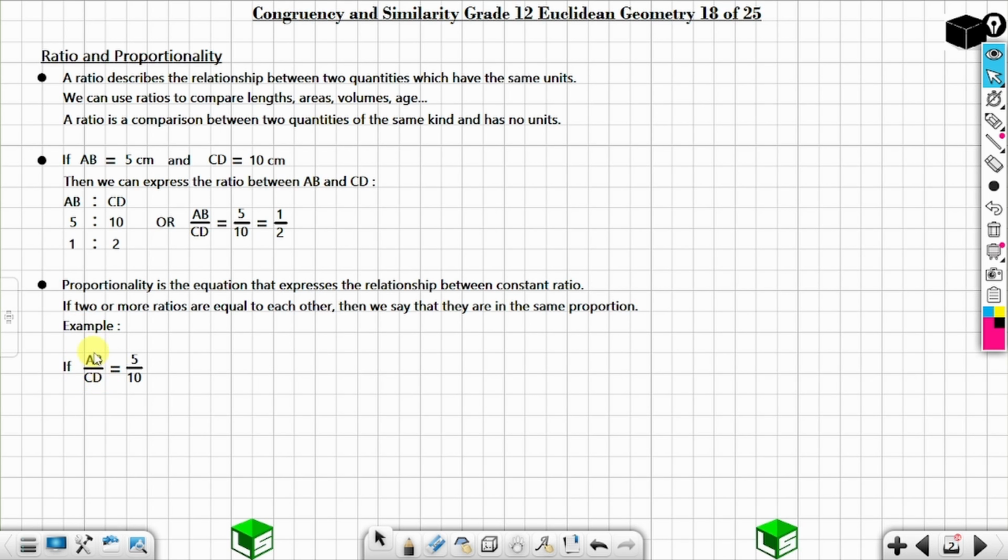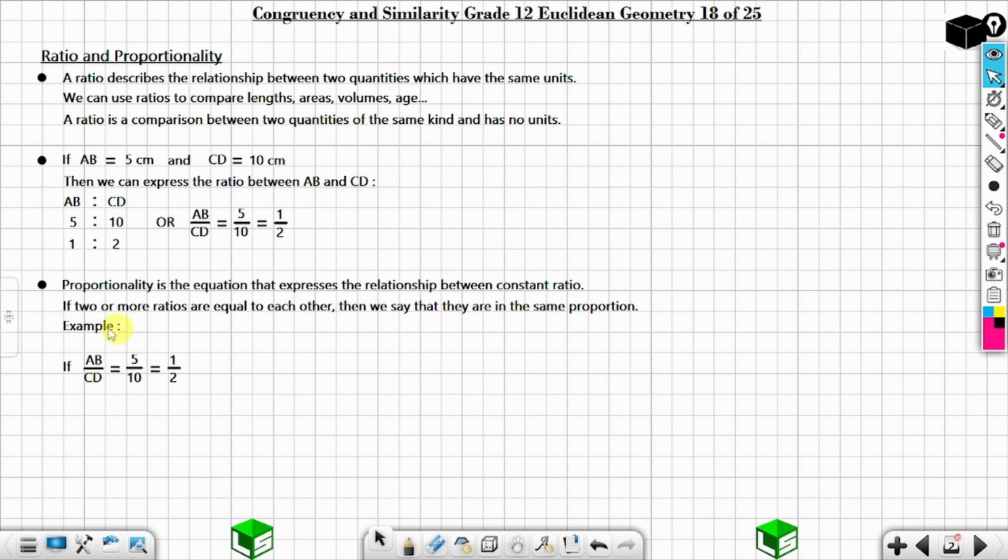So, for example, you have AB over CD, which is equal to 5 over 10. This is equal to 1 over 2.